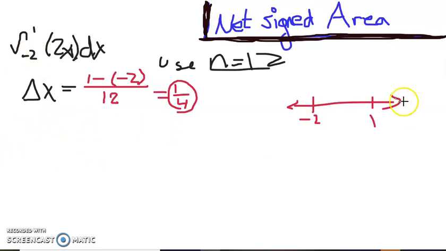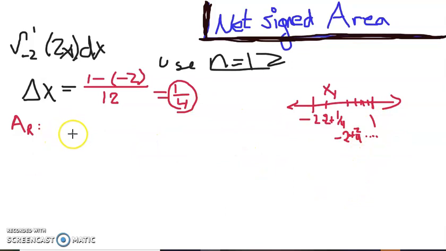But let's actually see what values this gives us. So I'm going to approximate using the right endpoint estimate. So let's do this one. x1 would be -2 plus 1/4. The second one would be -2 plus 2/4, and so on, and we'd get all the points all the way up to 1.